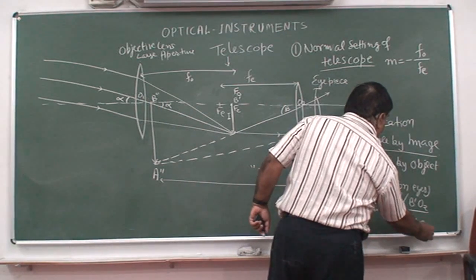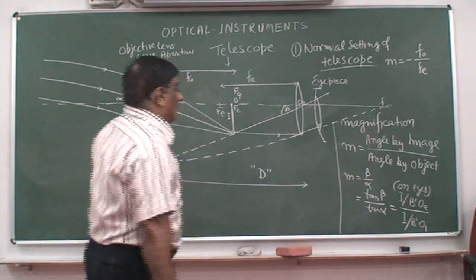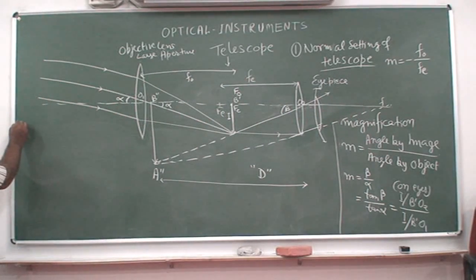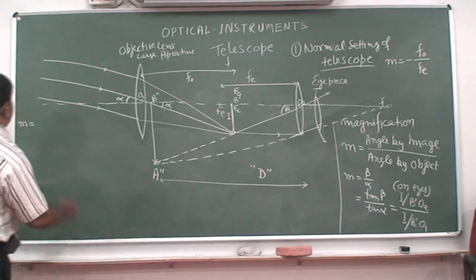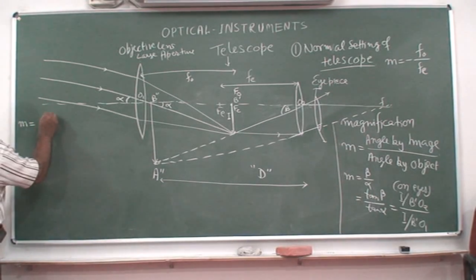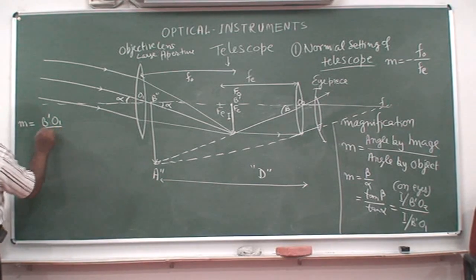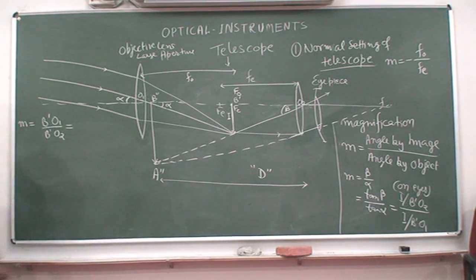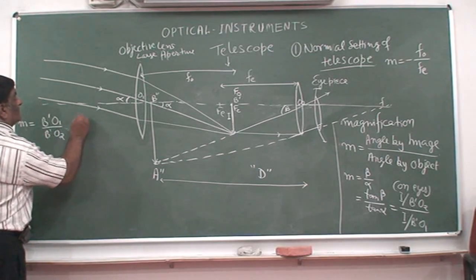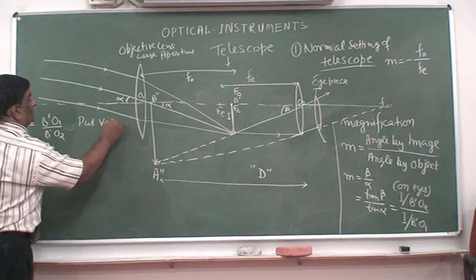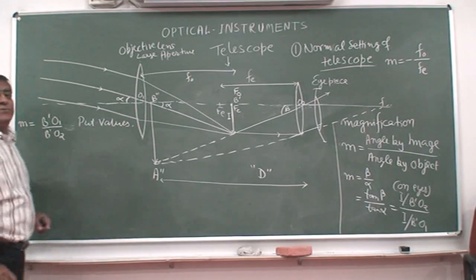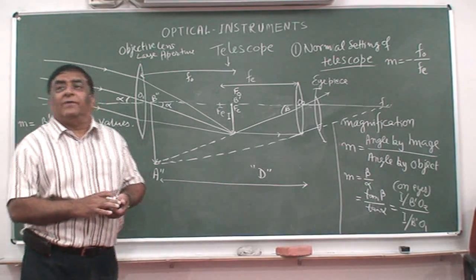So magnification is B1 B dash O1 divided by B dash O2. This is equal to, now we put the values in terms of F, U and V.